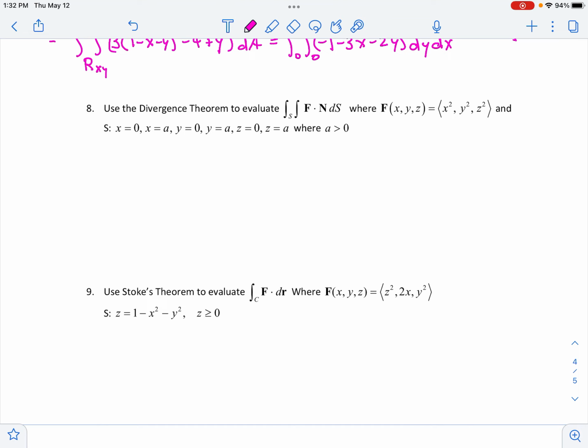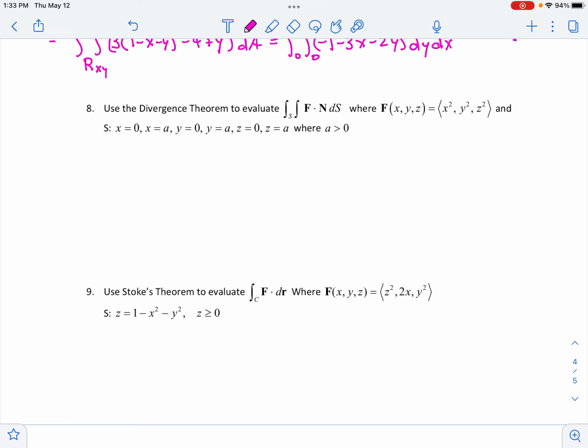Now, next we want to use the divergence theorem to evaluate this surface integral. So what we're going to do is write this as a triple integral, and inside here is going to be the divergence. Actually, I got ahead of myself here.